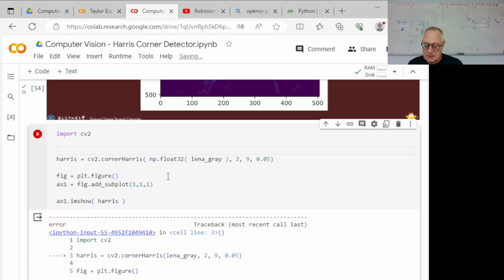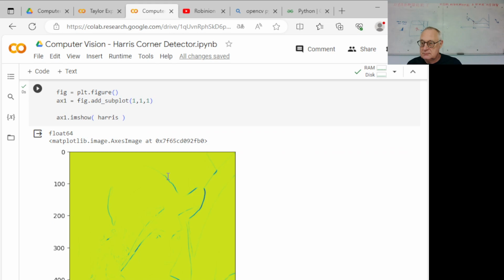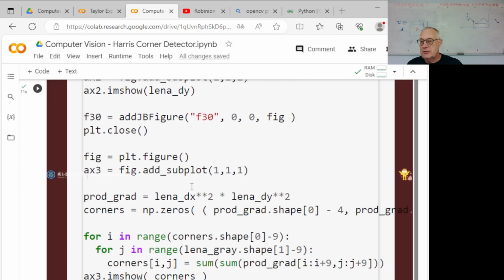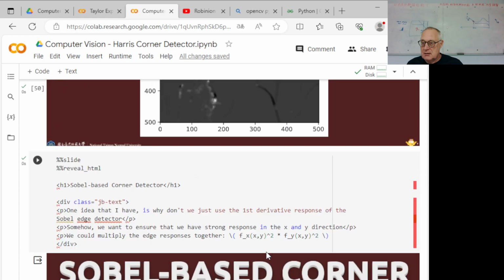And then I dot detail. Float 64. Yes, because how come I in a gray?